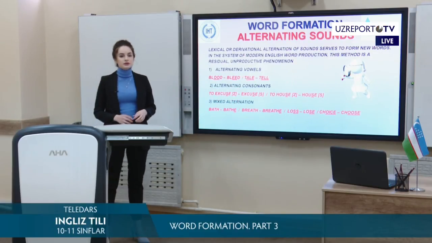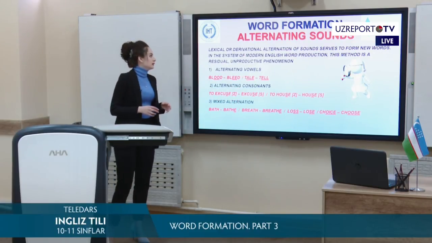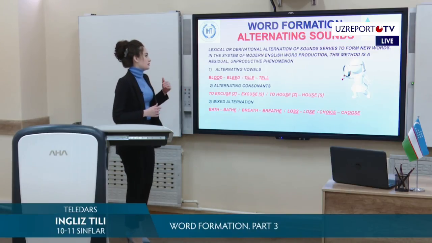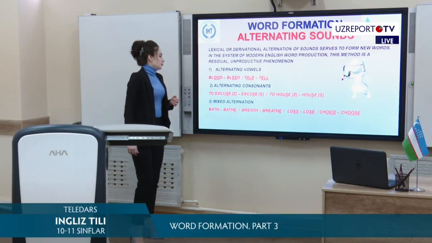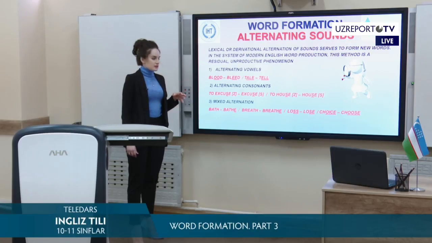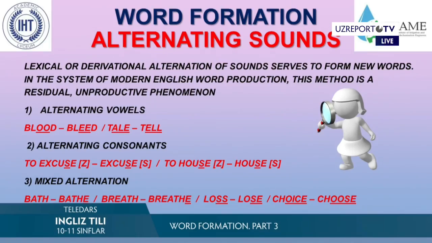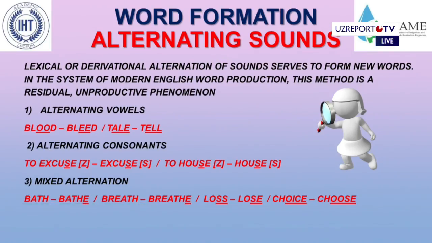Now let's go to lexical. Lexical sound alternating may have more variations. So let's go to the first: alternating vowels. The second one is alternating consonants, and the third one is mixed alternation. But first of all, alternating vowels.